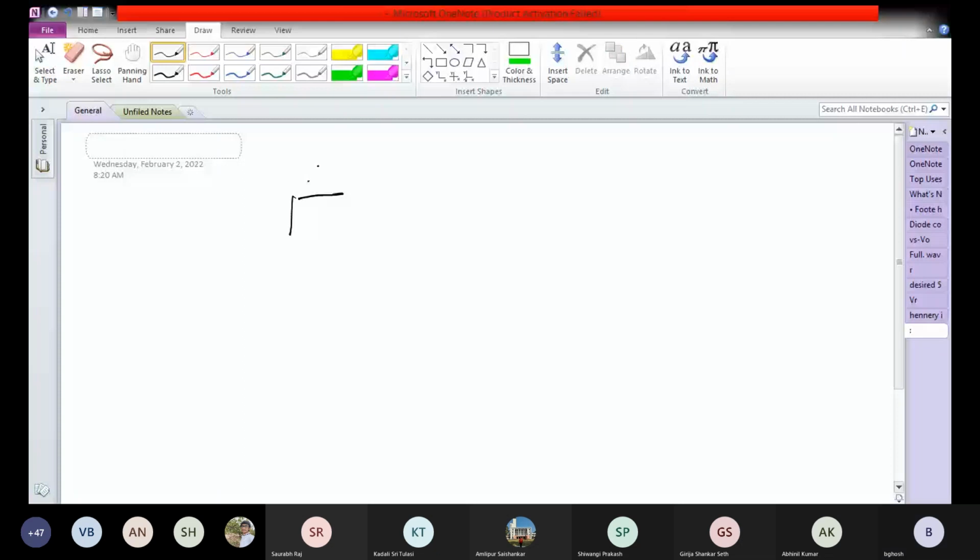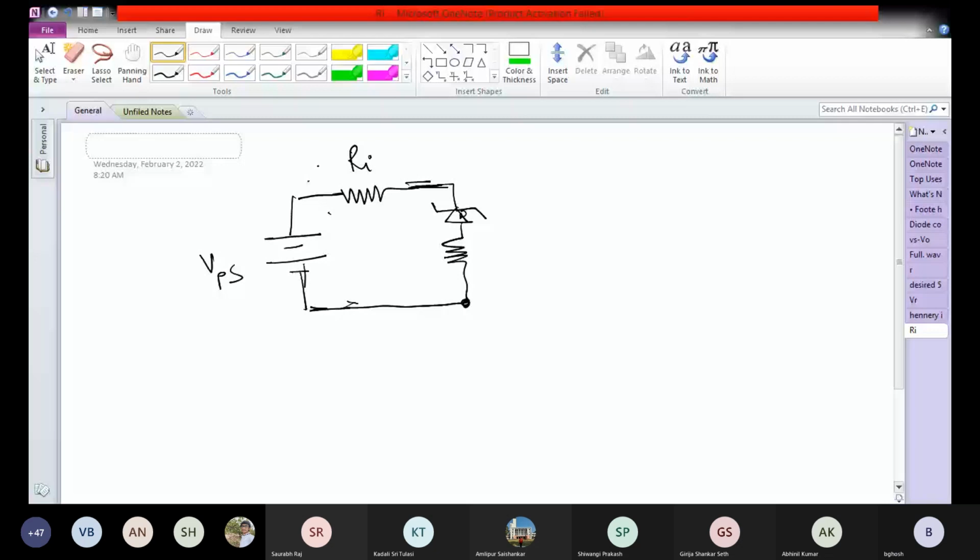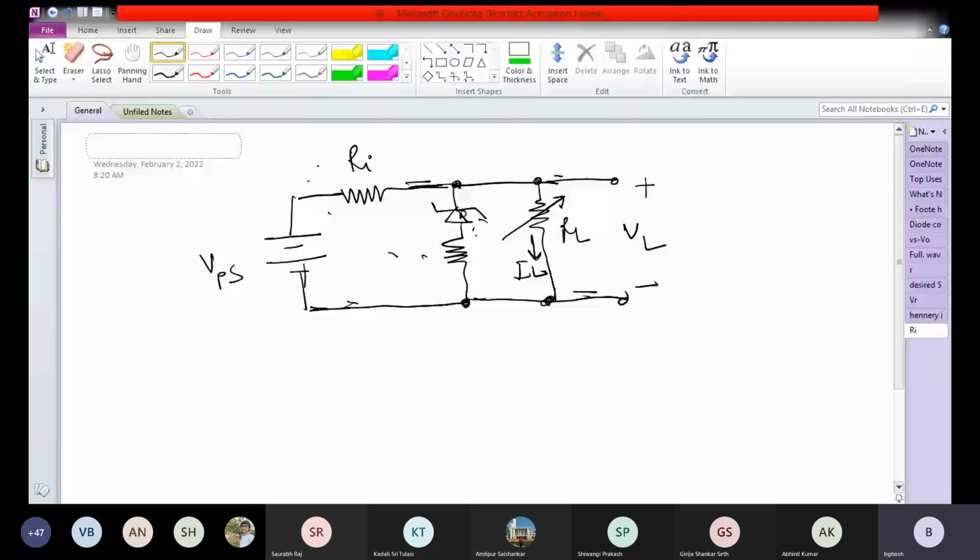In the previous circuit, we assume that Rz, which is the Zener resistance, is 0.